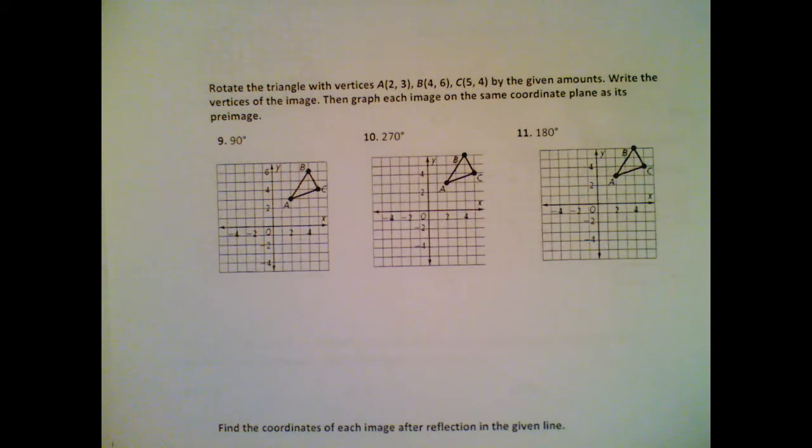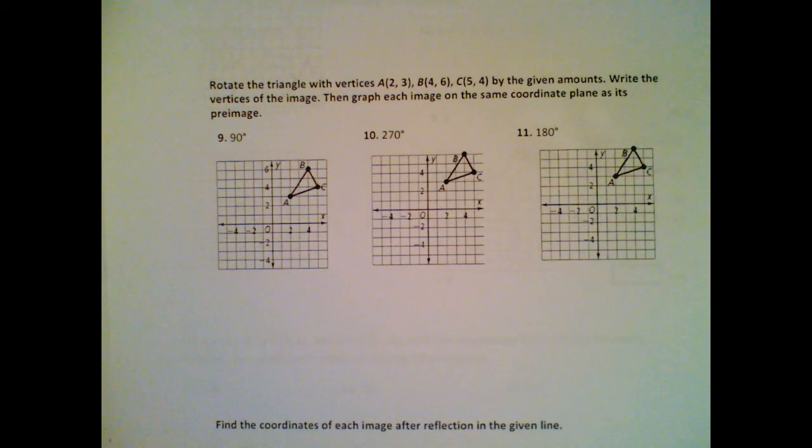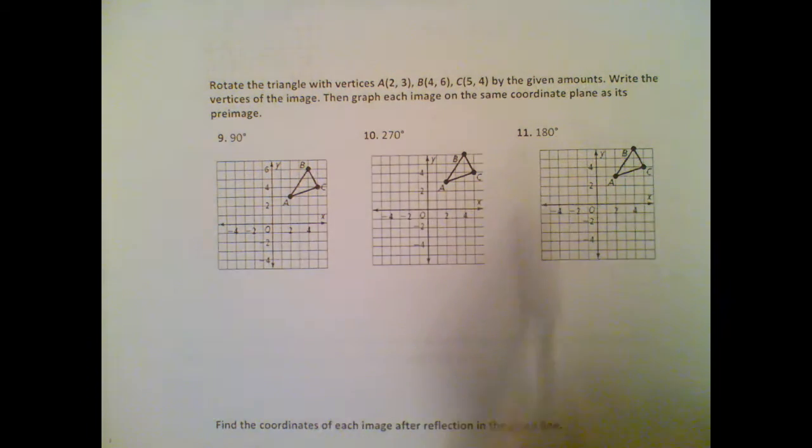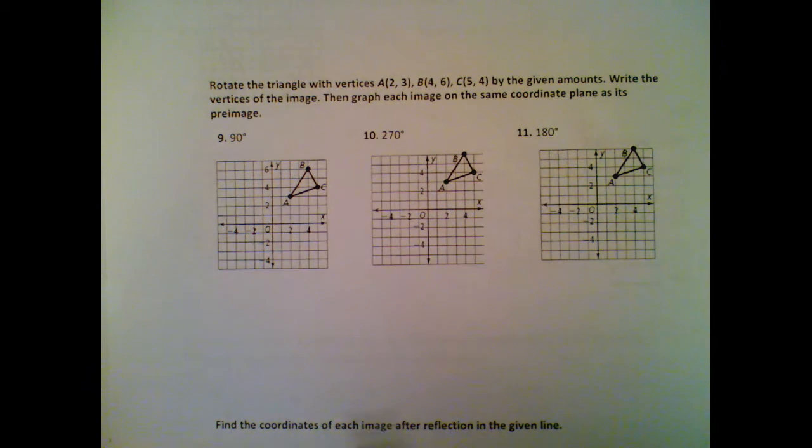Alrighty, now this next type of problem that we're going to take a look at says rotate the triangles with these coordinates a certain degree. When it says rotate, we're rotating it about a single point.